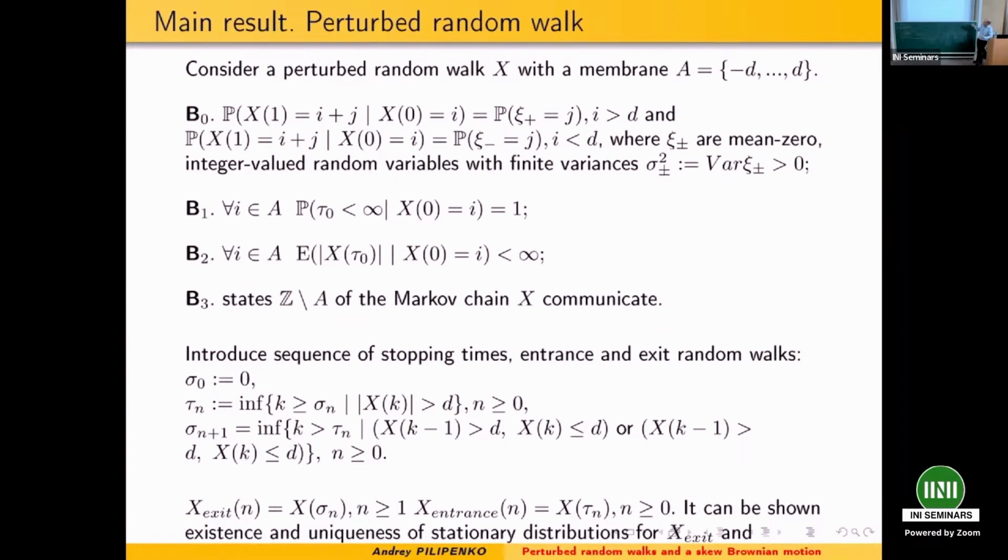And what is the result for skew Brownian motion? Again, you have to introduce some entrance and exit random walks. Let me just explain. So you have a membrane. And I will say that here it is the red line. Here it is yellow color.